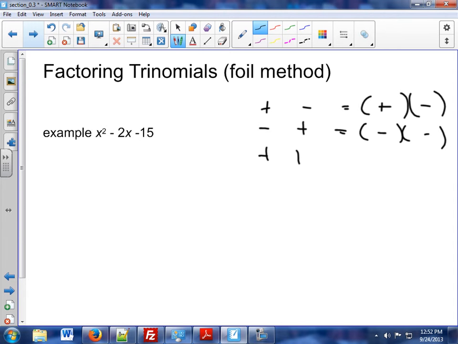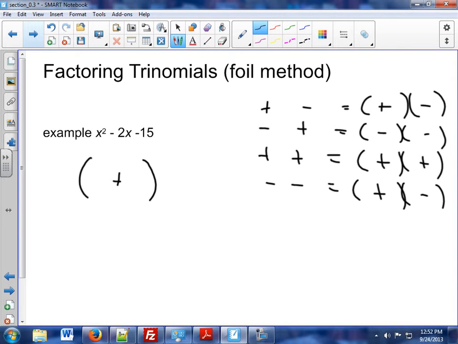If it's plus plus, it's going to be plus plus. And I'm missing minus minus, which is okay. That's the only thing you really need to worry about. So I know that there's no number here. I know this is going to be plus minus.